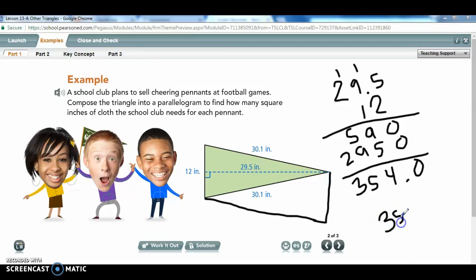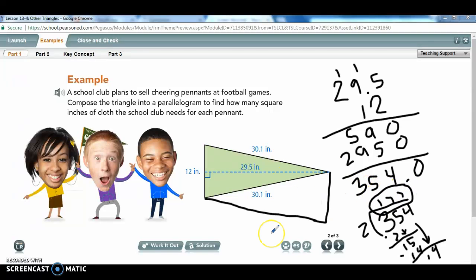So 354 divided by 2. 2 can go into 3 one time. 2 can go into 15 7 times. And 2 can go into 14 7 times. And you'll have 0 left over. So I still get the same answer. This second way is probably the way that you should go, but I showed that first way just as another method to use.